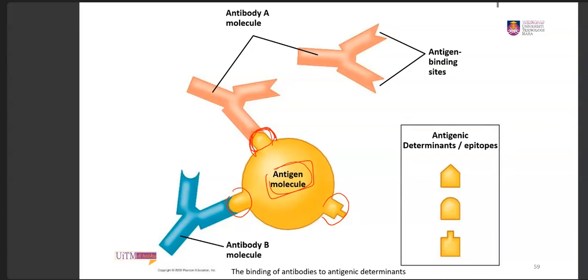An antigen molecule can have several different epitopes that bind to different antibodies, where the shape matches the antigen binding site of the antibody.